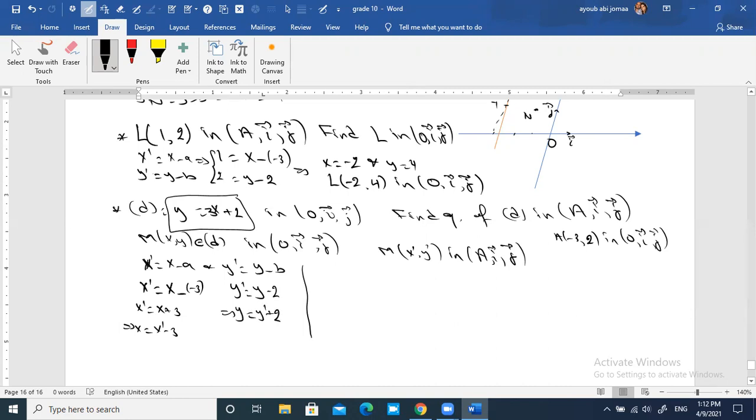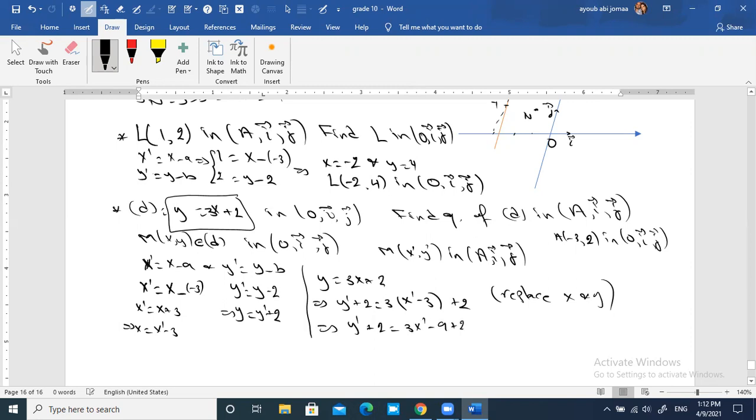So y is equal to 3x plus 2. It means replace x and y by their values. Then y prime plus 2 is equal to 3 times x prime minus 3, plus 2. Then you will get y prime plus 2 is equal to 3x prime minus 9 plus 2.